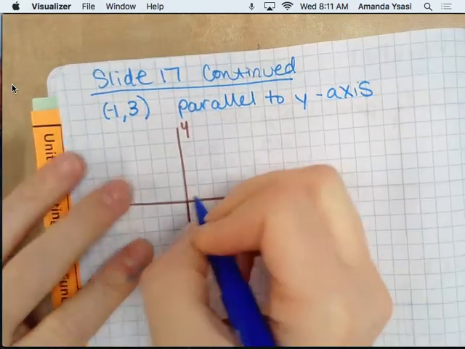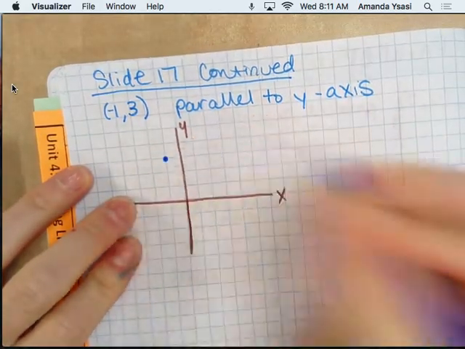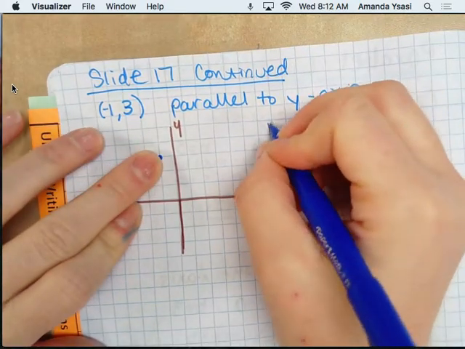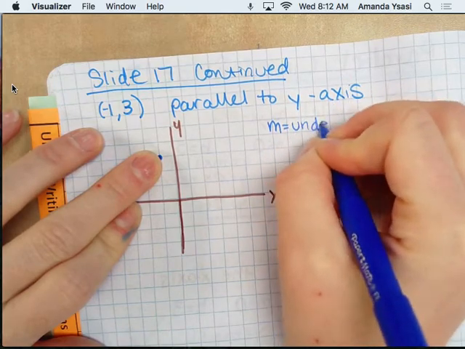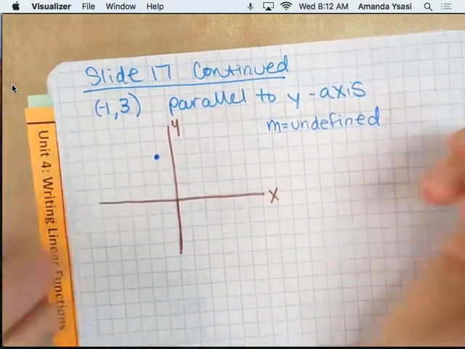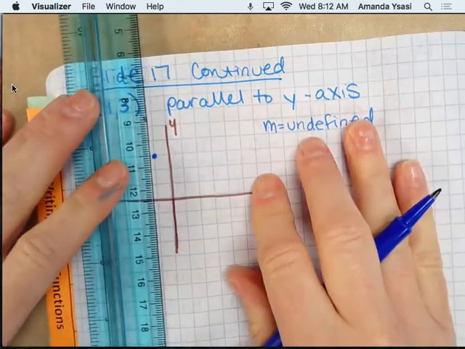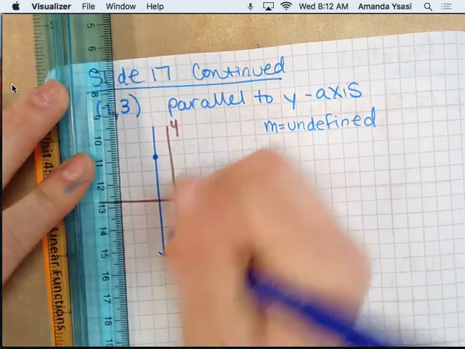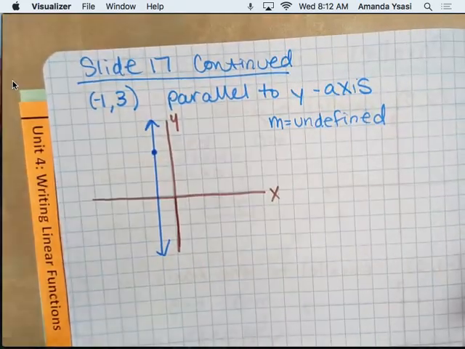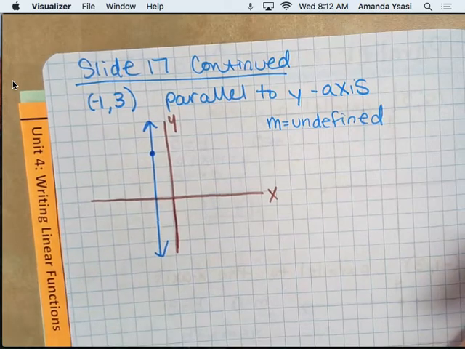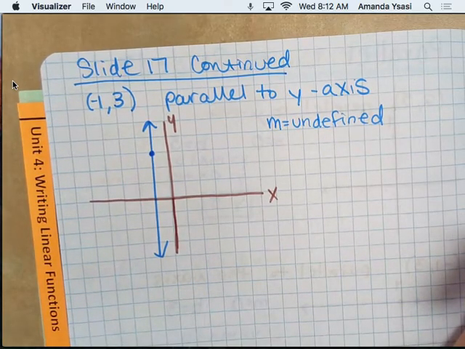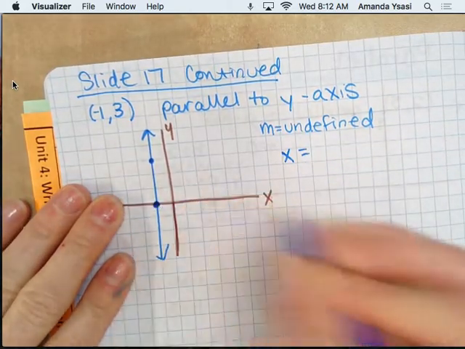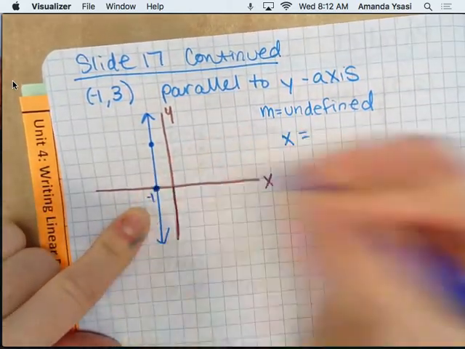So plot the point negative 1, 3. To be parallel to the y-axis, our slope is going to be undefined. So the equation will be written as x equals wherever it crosses the x-axis, our x-intercept. So x equals negative 1.